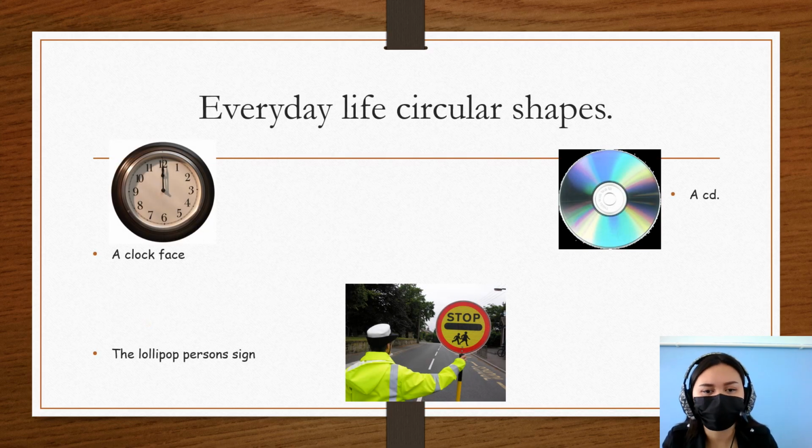Example, everyday life, circular shapes. A clock face. Circular. A lollipop person sign. A CD. Okay, it's a 2D shape.